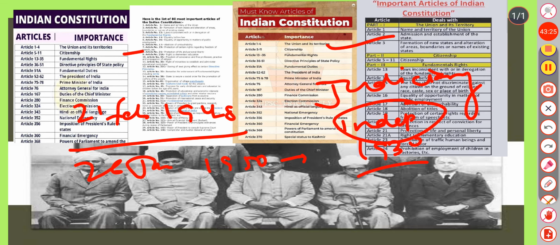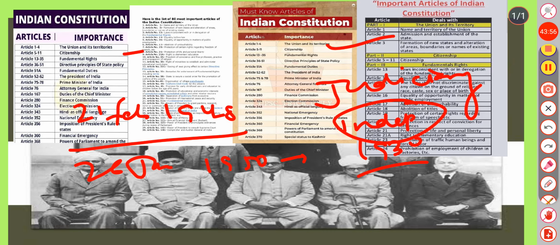Article 14, equality before law, and article 15, prohibition of discrimination on grounds of religion, race, caste, sex or place of birth. Article 16, equality of opportunity in matters of public employment, article 17, abolition of untouchability, and article 18, abolition of titles.